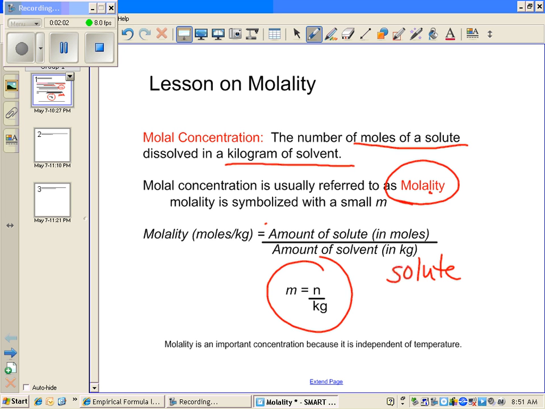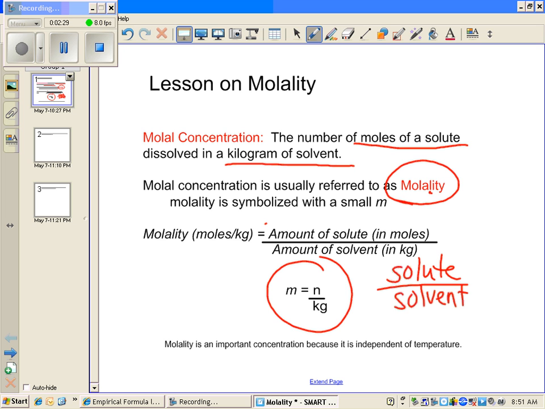It gets dissolved. The solvent, which is on the bottom here, is usually a liquid. It doesn't have to be, but it dissolves the solute. The solute gets dissolved. The solvent does the dissolving. So again, with sugar dissolving in water, sugar is the solute and water is the solvent.